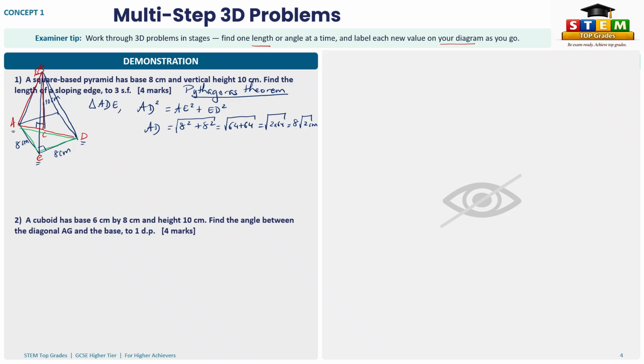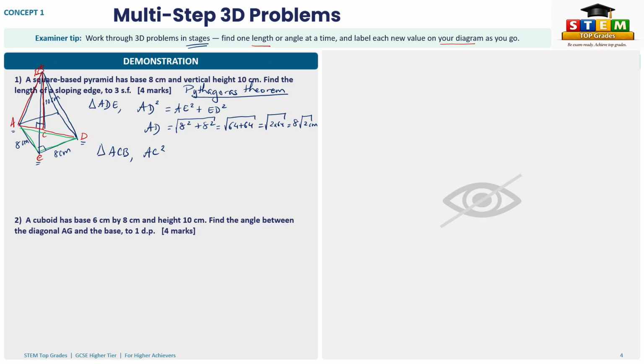That now allows me to work out AC. So AC is part of the triangle ACB. It's good for you to explain your work carefully because you are going through different stages and the examiners want to know how you're working this through. So now I'm looking at AC.